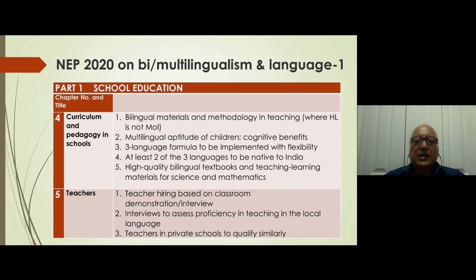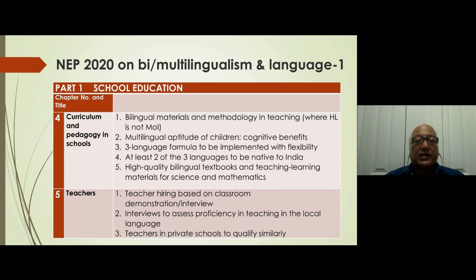There is a discussion on the multilingual aptitude of children, the cognitive benefits that follow, and this is given as a motivation, as the rationale for the need to embed multilingualism in our education, all the way from primary education to higher education.